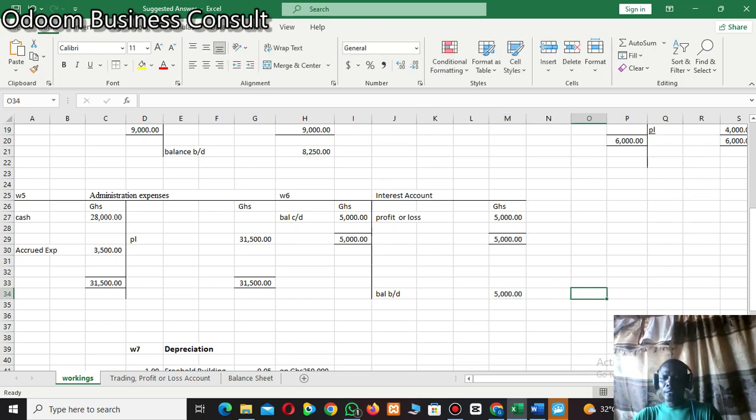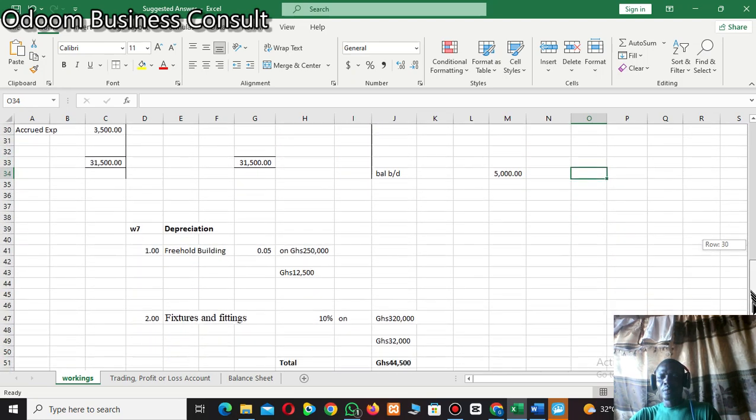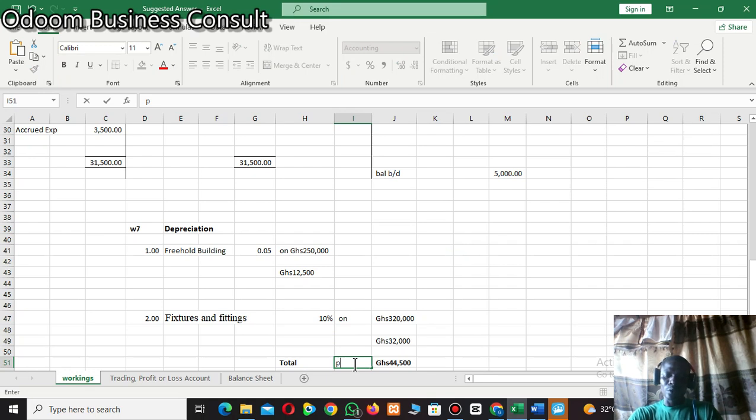Okay, so I think with this we have successfully closed all the accounts, and you know the necessary amount that will be taken to the profit and loss account, and the one to be taken to the balance sheet. So here too, you have to indicate it to be going to profit or loss so that we don't forget when we are presenting the account.